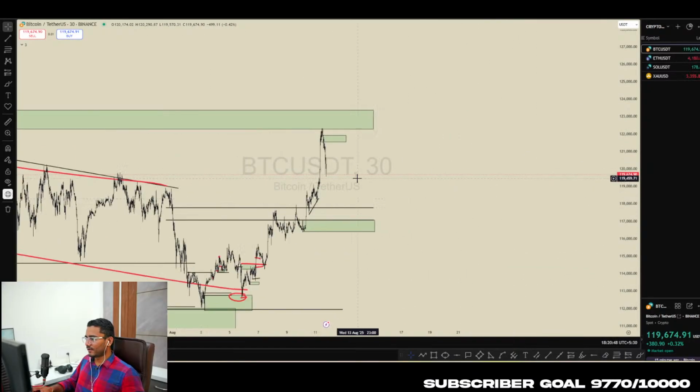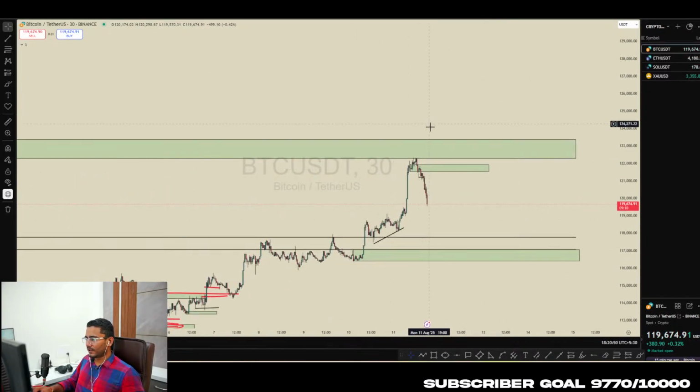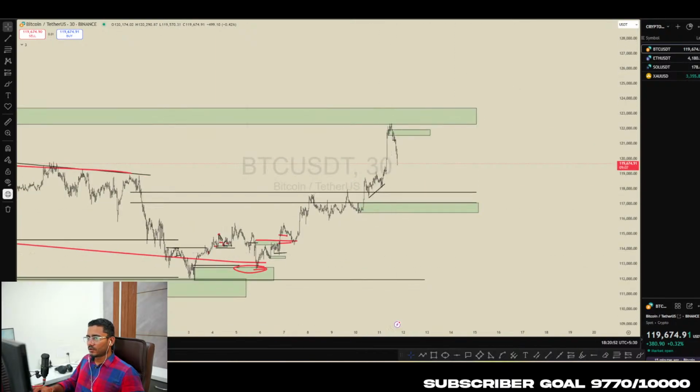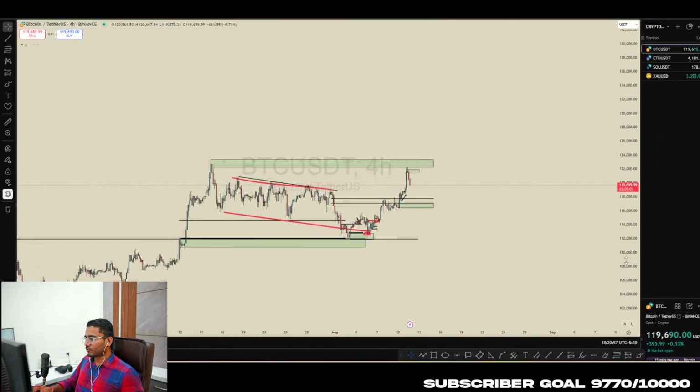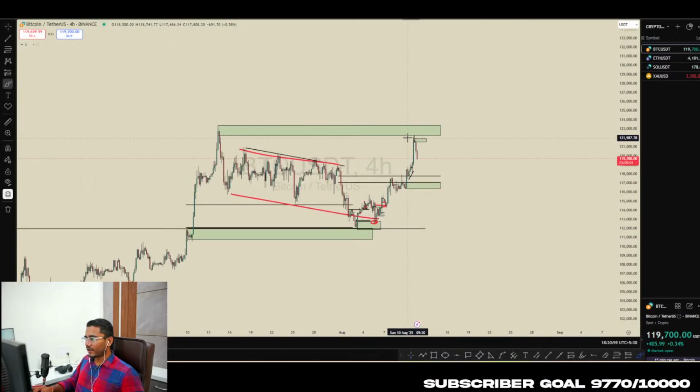We can see price tapped that exact order block. So it will not go to the downside, but we can expect a correction, like a pullback. A pullback can happen from this area. It will react. We can look for a reaction.